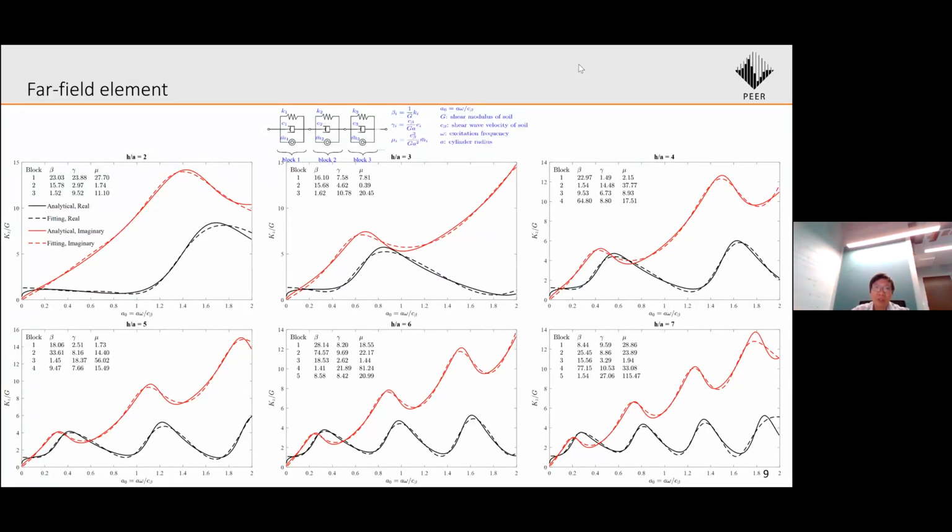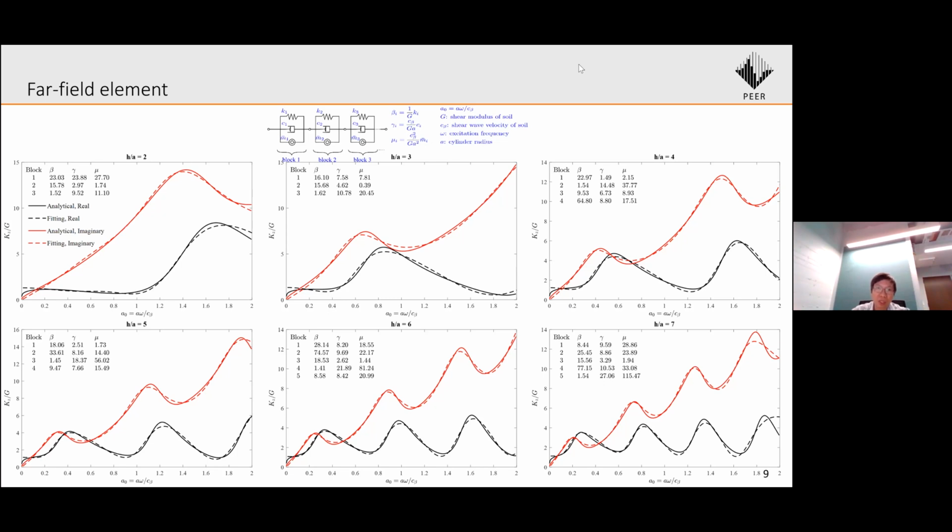Those figures show the analytical and fitting impedance for different cases of burial depth for both real part and imaginary part. We can see that the fitting impedance matches pretty well with the analytical solutions.